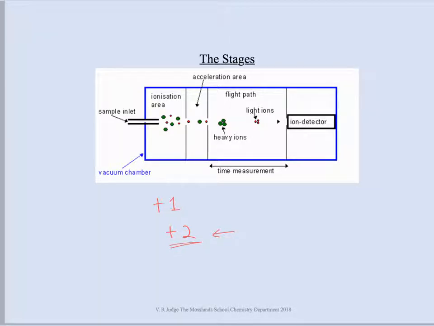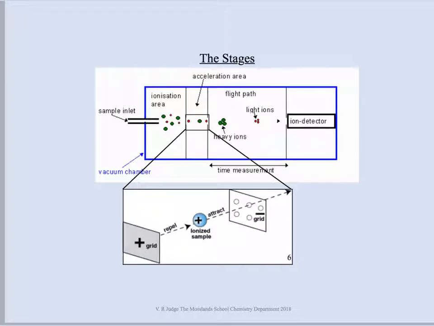So once the particles have been ionised, we're now looking at the acceleration area. It's fairly straightforward. In the acceleration area, you've now got positively charged ions travelling through that zone. This stage involves an electric field. We've got a positively charged grid here, which will repel your positive ion travelling that way, and a negatively charged grid here, which is going to attract it, so it will accelerate through that area.